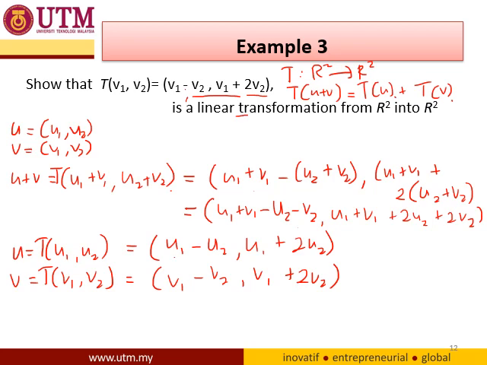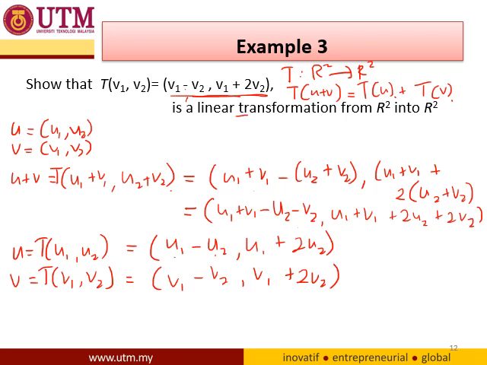Remember where I got this equation from: it is from this T that they give you here. This is your (v1, v2), so (u1, u2) gives u1 minus u2, and then the next one is v1 plus 2v2. So this is your u1 plus 2u2. And then you do it again for your v.